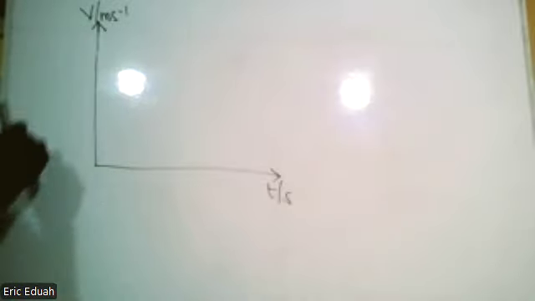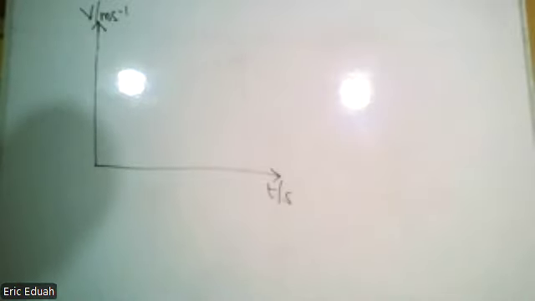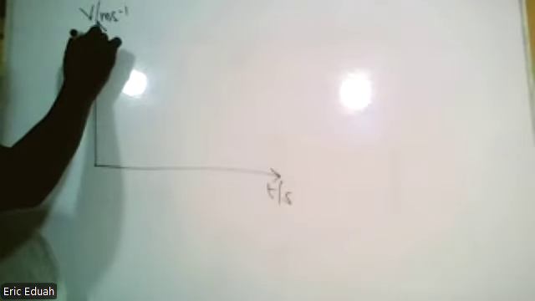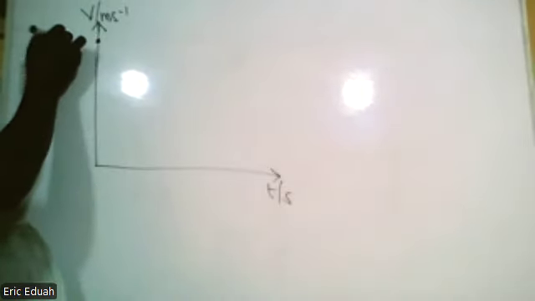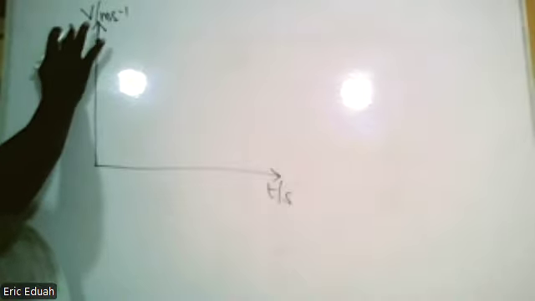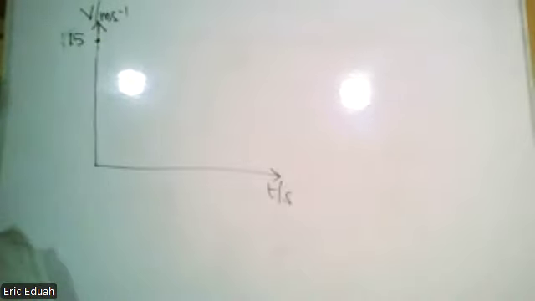So this maximum velocity, we are told that at station A, this is the velocity, 15 meters per second.